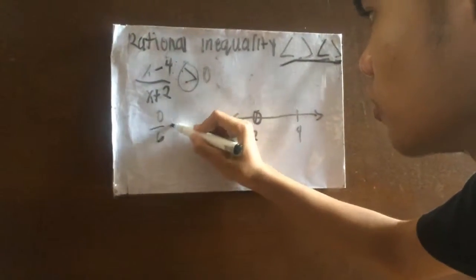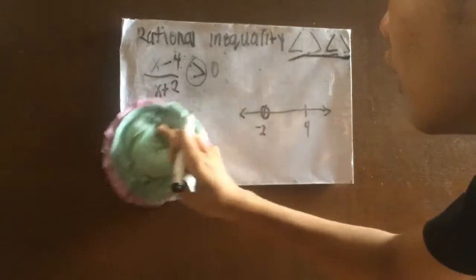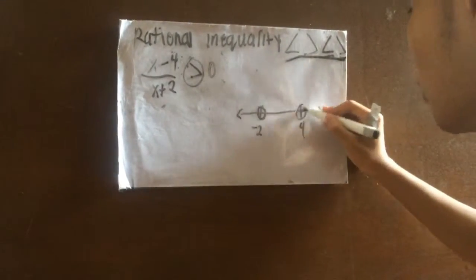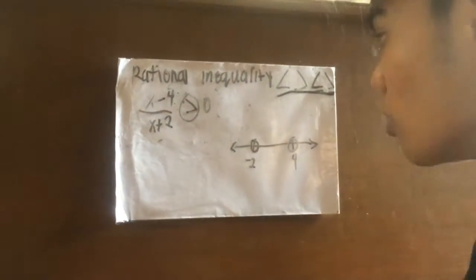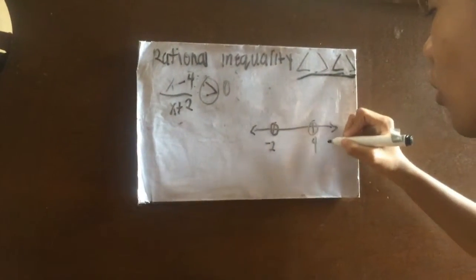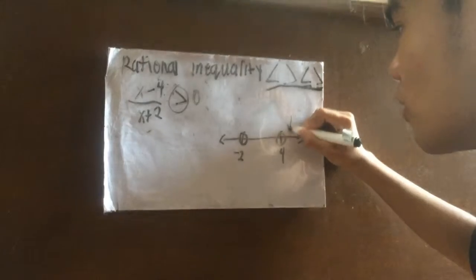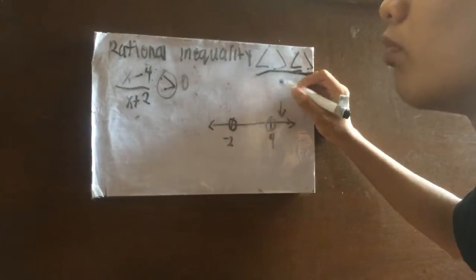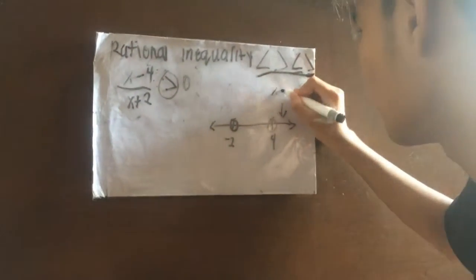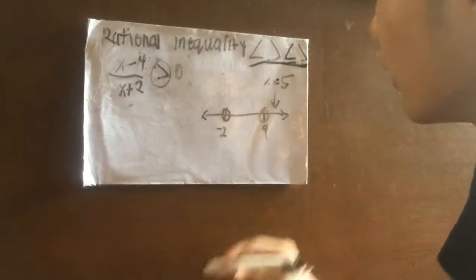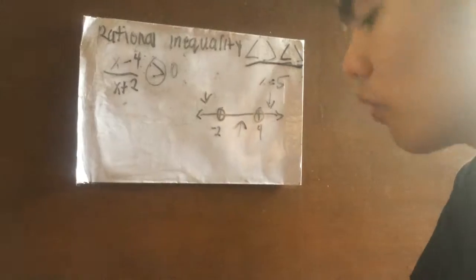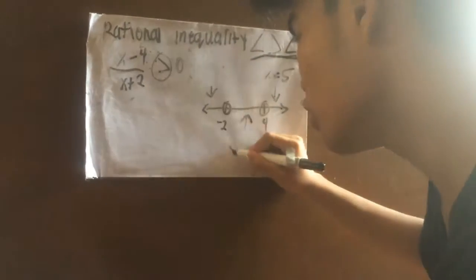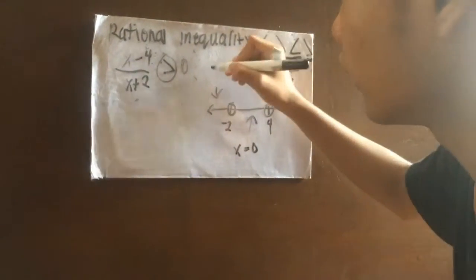Then, pag sinubstitute din yung positive 4 sa value ng mga x natin, makakakuha tayo ng sagot na 0 over 6, which is 0, na not greater than 0, which is unshaded din siya. So, kukuha tayo ng mga value ng greater than sa 4, or mas madali is positive 5. Then, kukunin din natin yung middle part ng negative 2 tsaka 4, na mas madali is equals to 0.